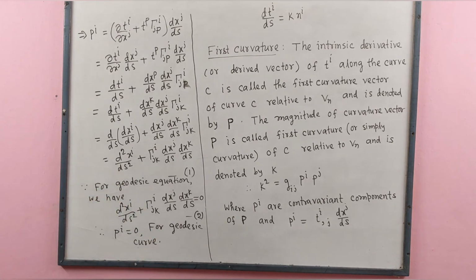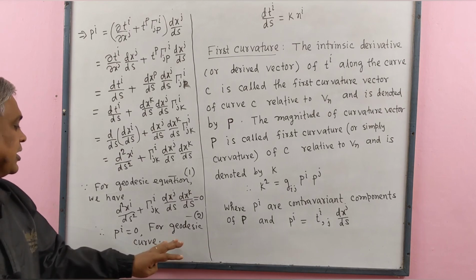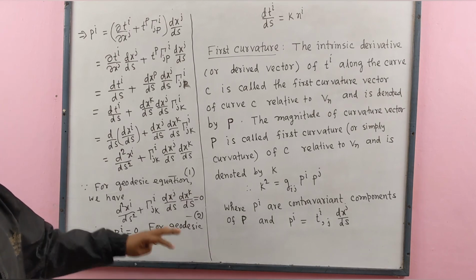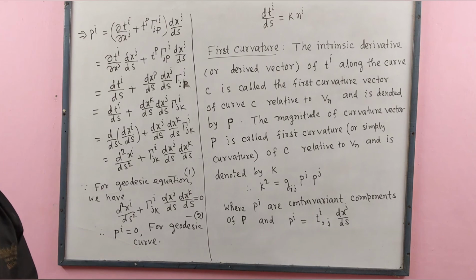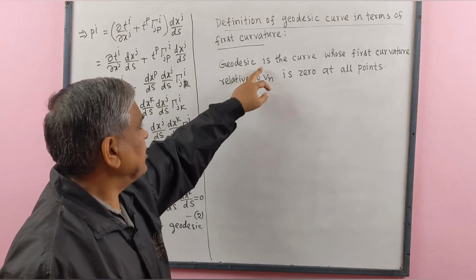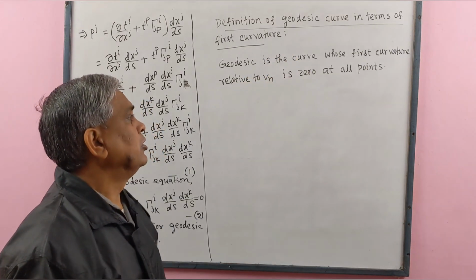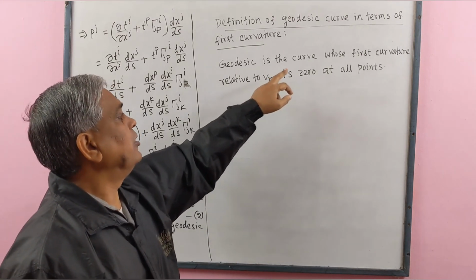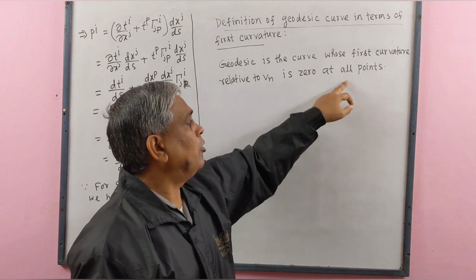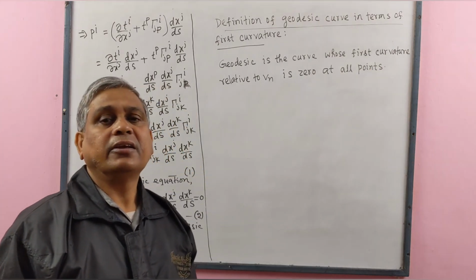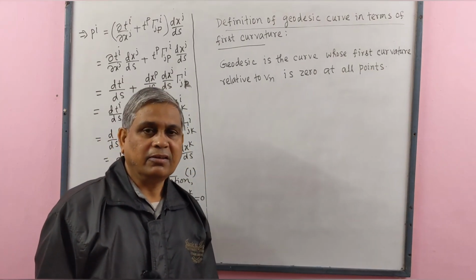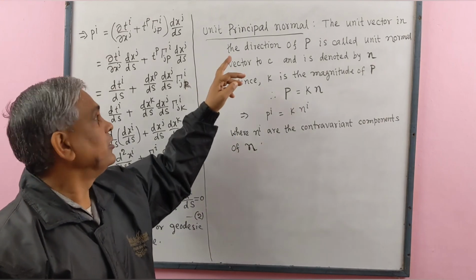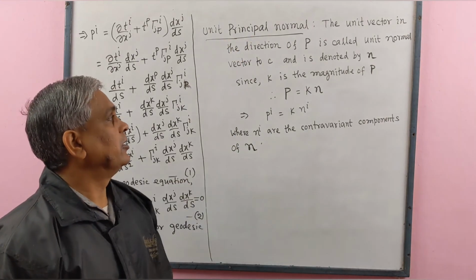Now we may define the geodesic curve in terms of first curvature. Geodesic is the curve whose first curvature relative to Vn is 0 at all points.